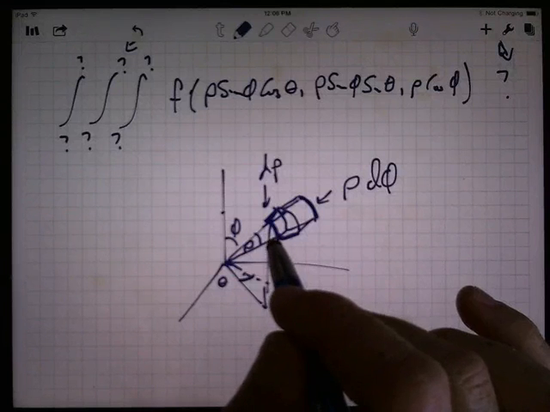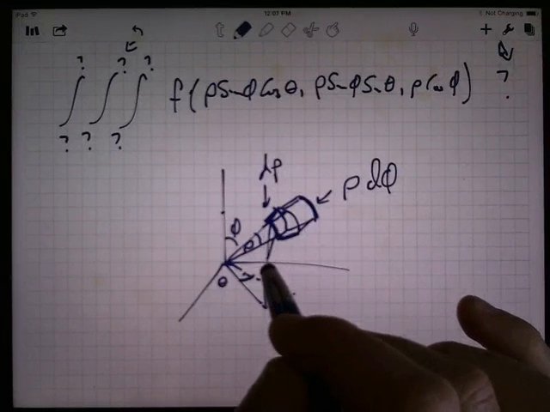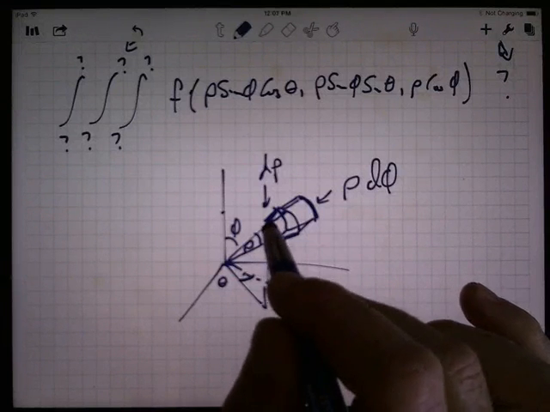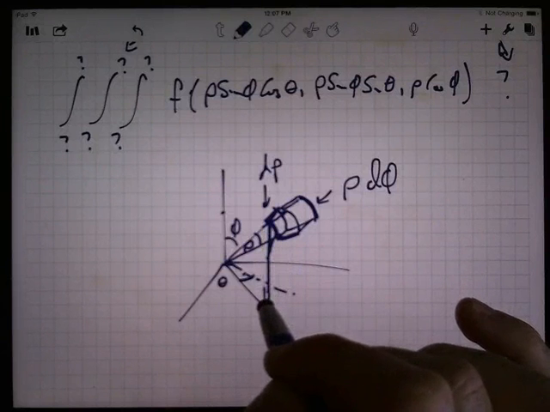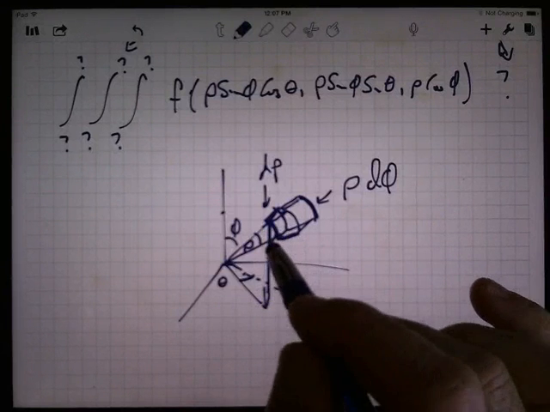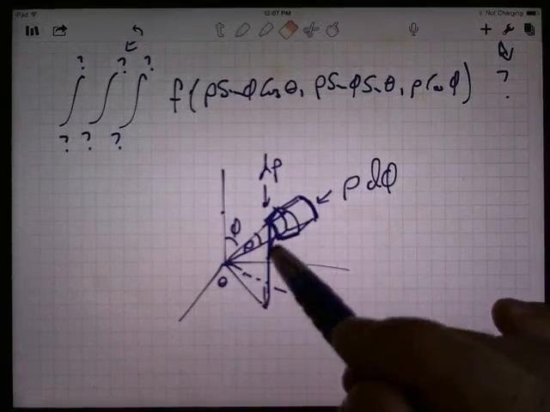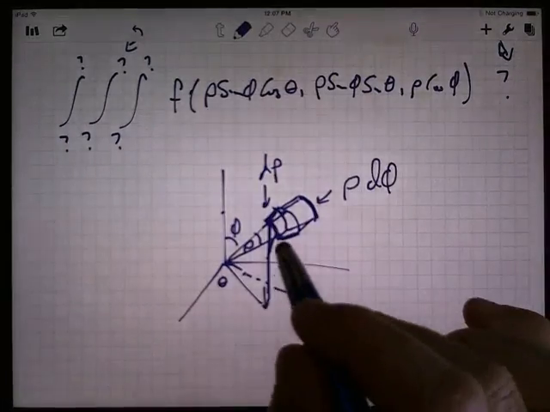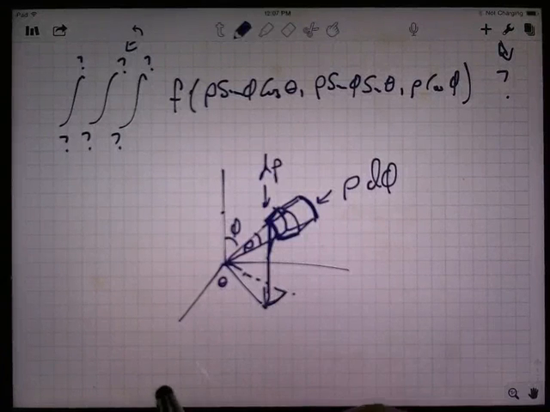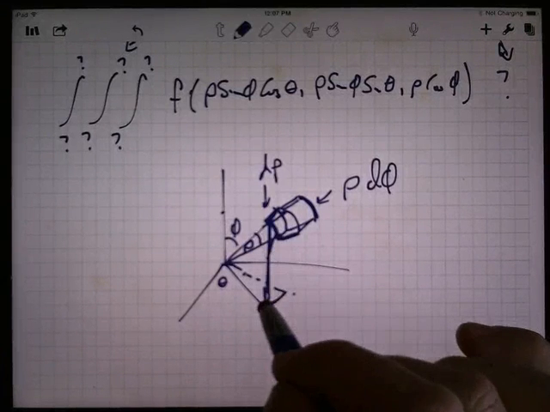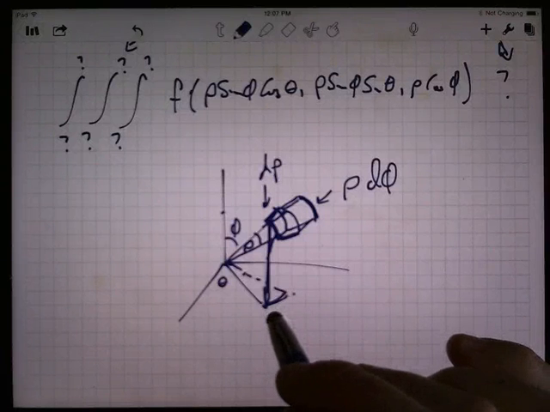So if I drop a perpendicular right from there, I guess I already have that perpendicular dropped right from there. So I guess I didn't draw this in the right place. Let's get rid of that. And so that arc is really down here. Yeah, so drop that straight down. There's that.